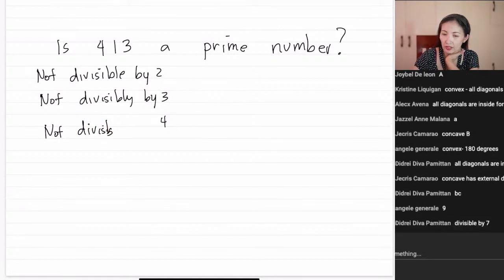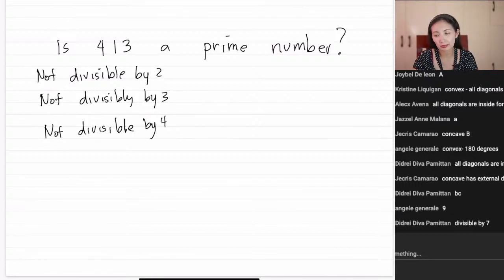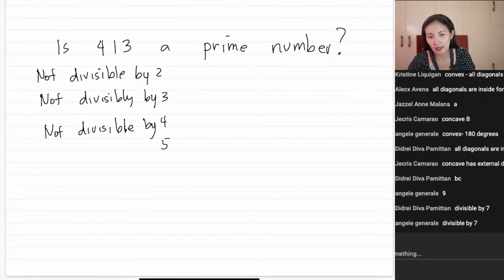So it's not divisible by 4. Is it divisible by 5? No. The last digit is 3. It's not divisible by 5. Is it divisible by 6? No. It's an odd number.